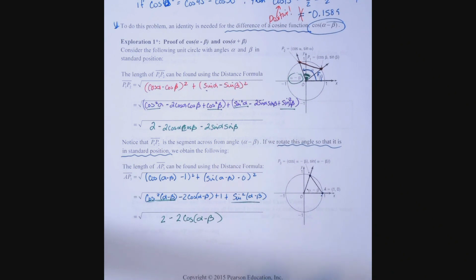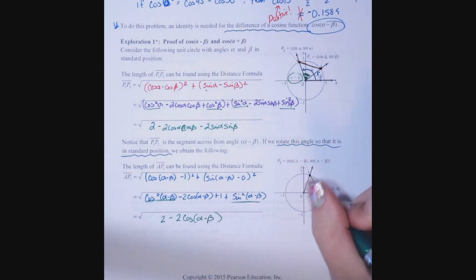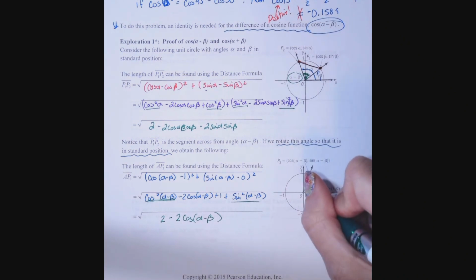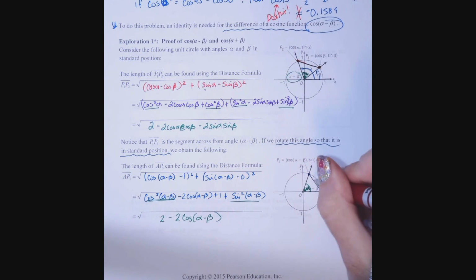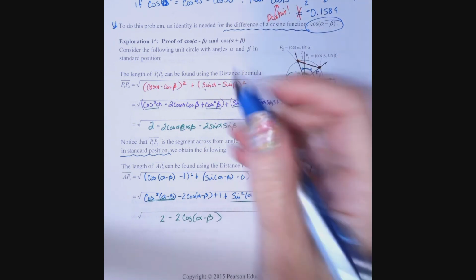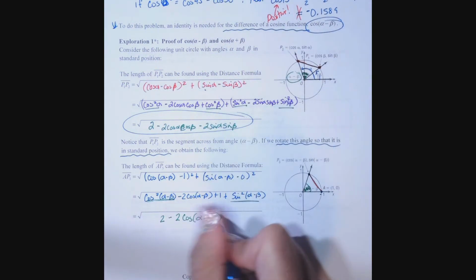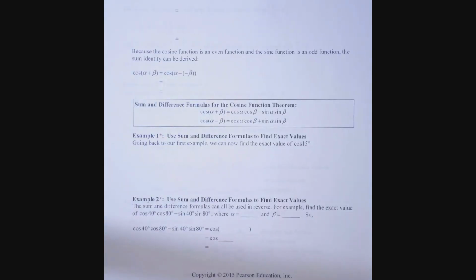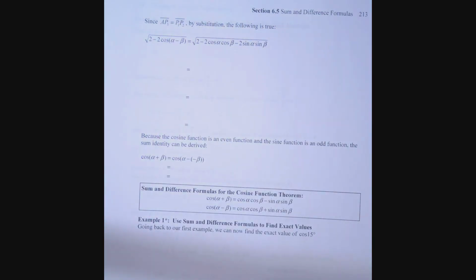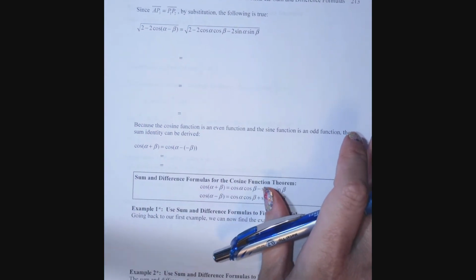Okay, now remember I pointed out that this angle and this angle, these are the same, which means this distance and this distance is the same, which tells me that this result is going to be equal to this result. Let's look at that on the next page. Since those 2 distances are the same, we use substitution and we set our 2 results equal to each other.